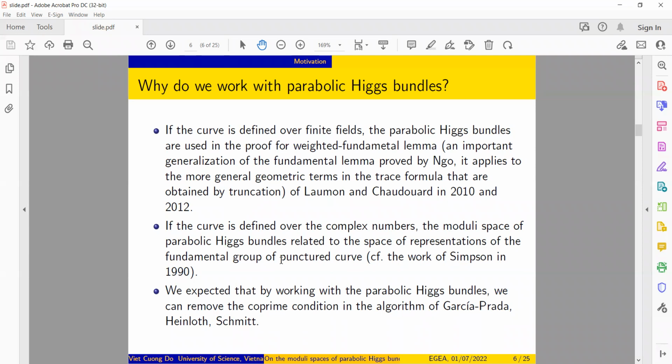And to get the genericity condition, we don't need rank and degree to be coprime. That's the reason why I believe we can use parabolic Higgs bundles to remove some conditions in the algorithm of Garcia-Prada, Heinloth, and Schmitt.